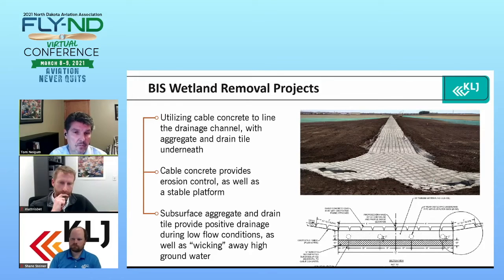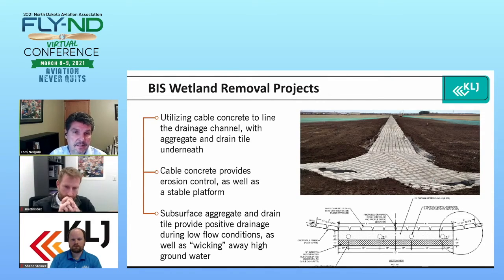And so one of the things we found and tried on the first projects and was very successful was instead of trying to just do a regular ditch, we actually put a ditch in with cable concrete. As you can see in the photo, there's one of the ones that's nearly finished. And so that cable concrete serves twofold. Number one, it's really providing erosion control for that ditch during high flow conditions.